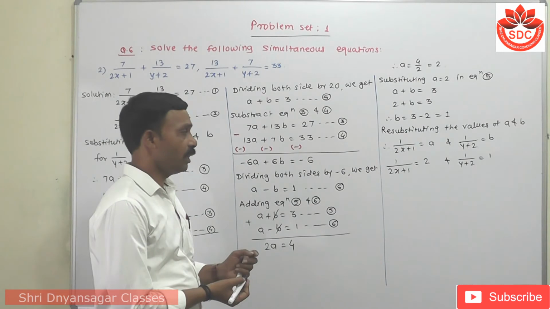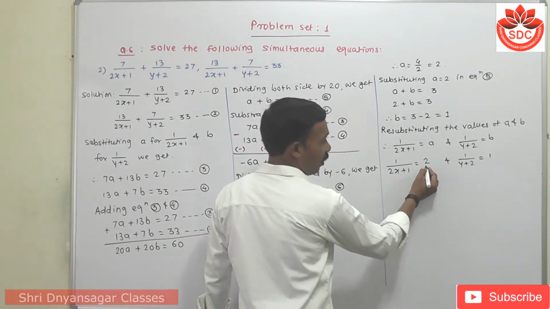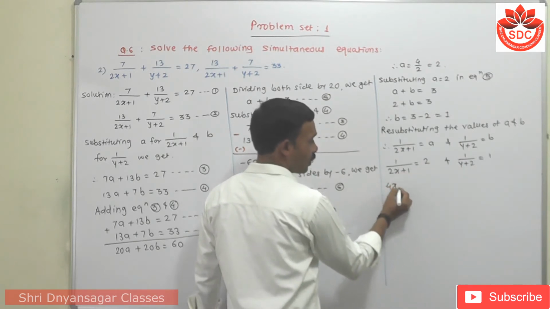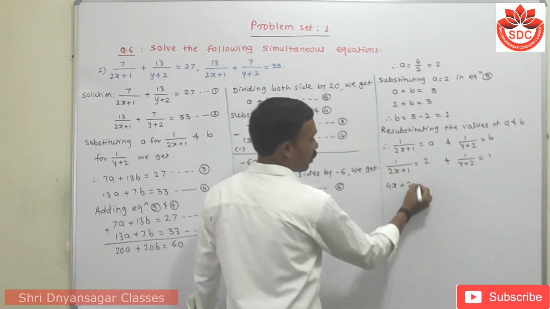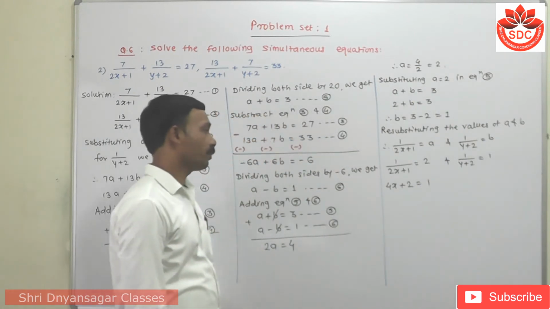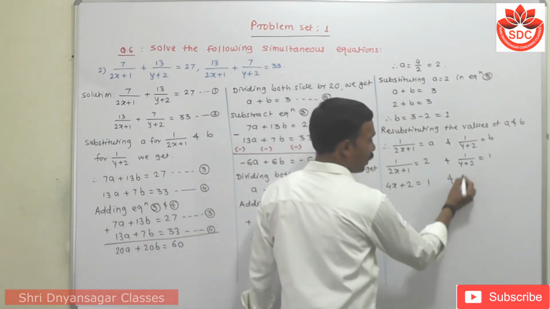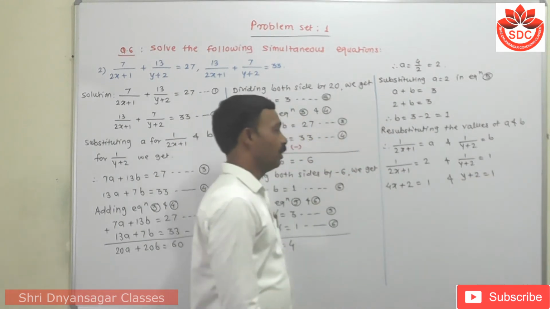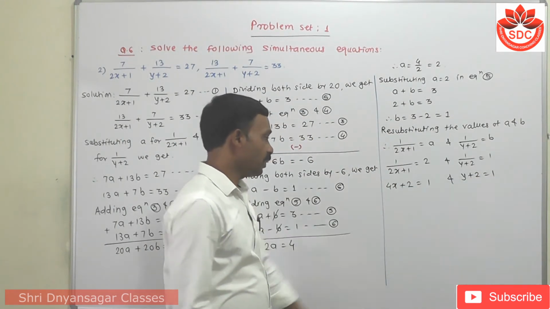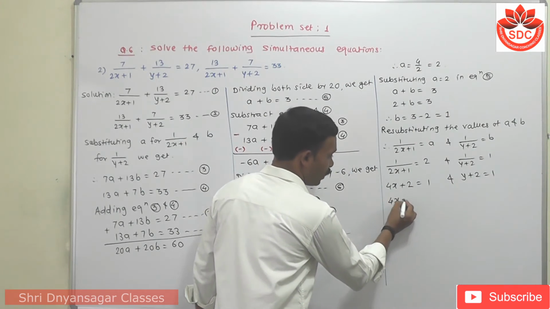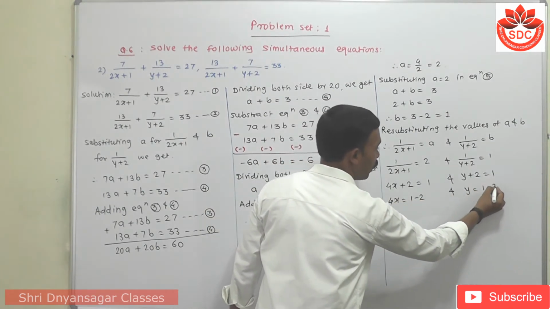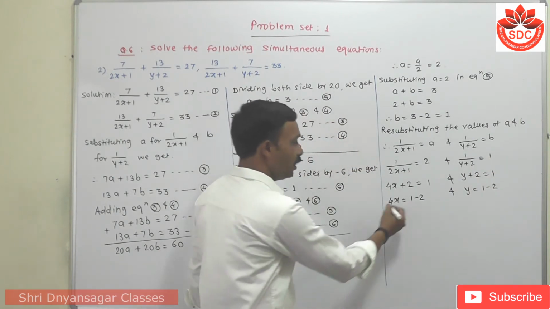Then by cross multiplication I have to take the denominator as 1, suppose. Then 2 into this and 1 into 1. So 2 into this becomes 4x plus 2 is equals to 1. And by cross multiplication y plus 2 is equals to 1. Transposing to the other side, we get 4x is equals to 1 minus 2 and y is equals to 1 minus 2.